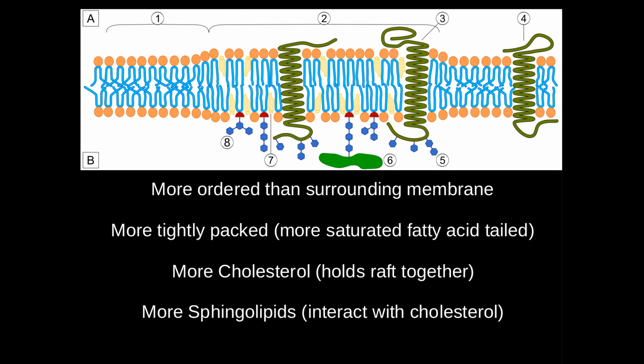So we have this relatively tightly packed, cholesterol- and sphingolipid-rich lipid raft that hangs together, and it's not as fluid as the surrounding area because it's more tightly packed. It tends to be more crystalline, less fluid, and so the components in the lipid raft will tend to hang together and not just diffuse out into the rest of the membrane.